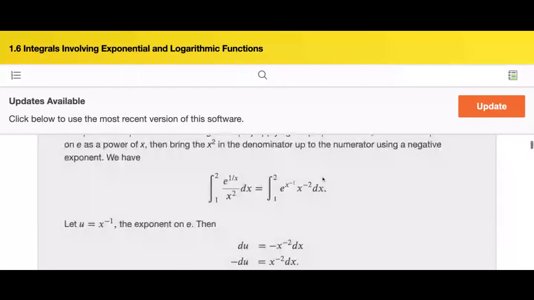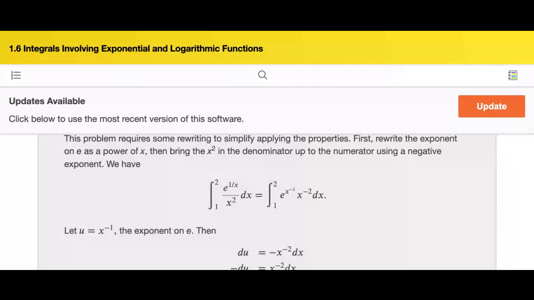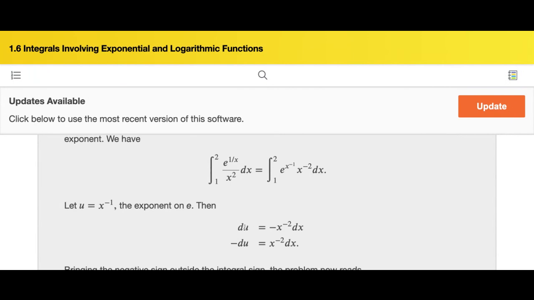Let's go back. So the integrand is e raised to 1 over x divided by x squared, right? So we want u to be 1 over x. 1 over x, we can write as x raised to -1. Then du, by the power rule, will be -1 times x raised to -1 minus 1, which is -2.